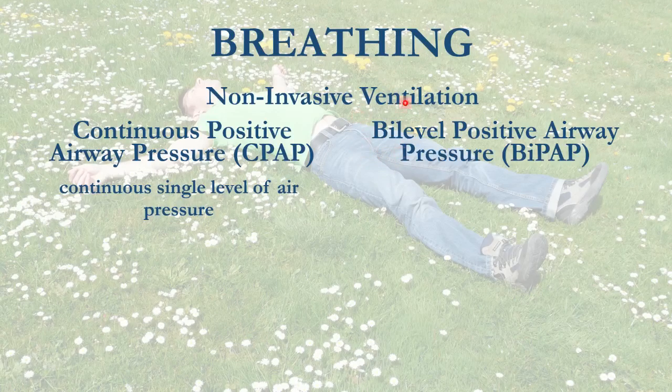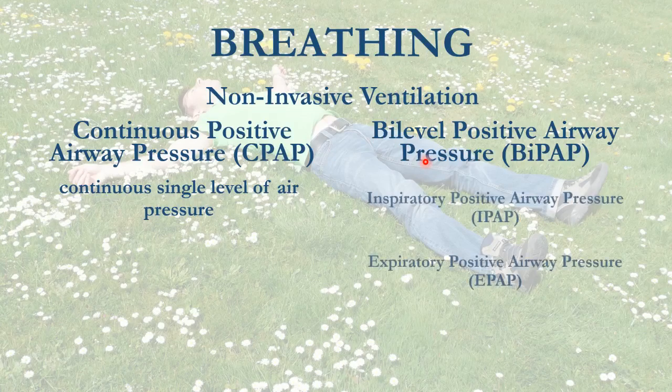Bi means two levels of pressure: one for inspiration or inhalation, and the other for exhalation, or what you call the inspiratory positive airway pressure, IPAP, and expiratory positive airway pressure, EPAP.